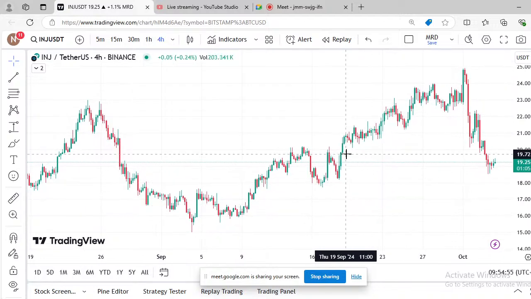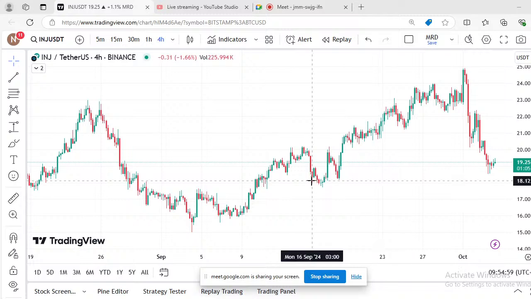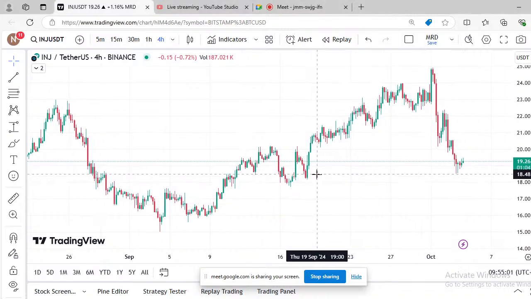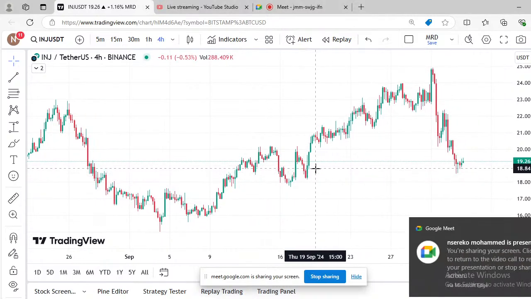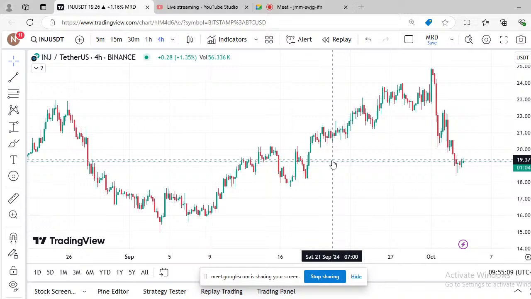Now, to analyze the coin from higher time frame to lower time frame, what you need to do, of course, we have to look at the... Why are you sharing, Nsiriko? Don't share screen. Nsiriko, can you stop sharing screen?